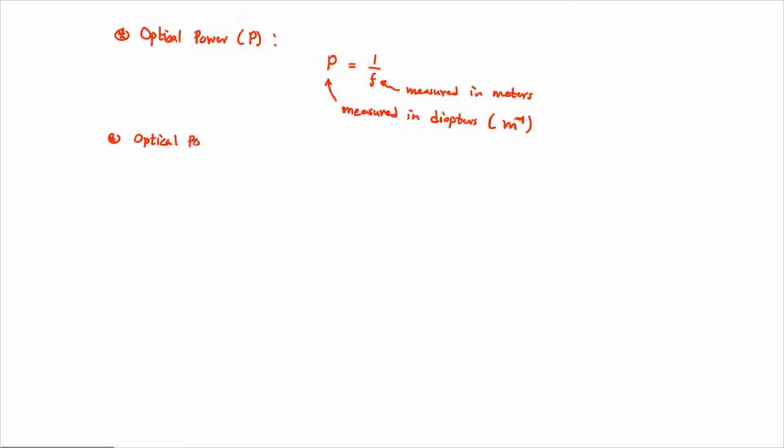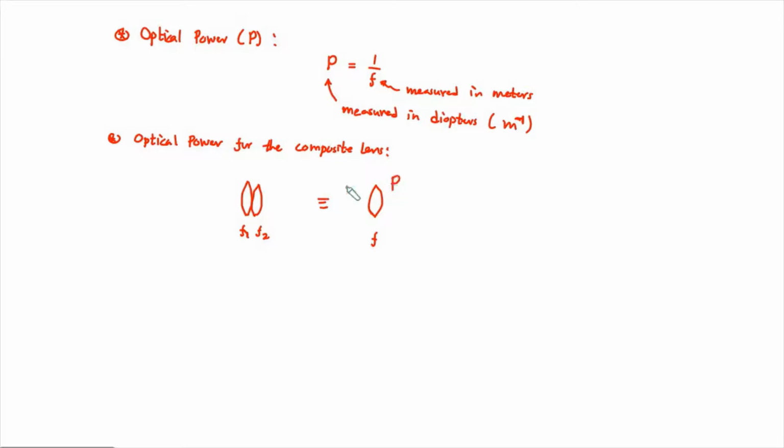Optical power for the composite lens system, that is this one. You have two lenses together like that. One is f1 and the other one is f2. In this case, the combined or the composite lens, if we call it f, then what is the relationship of the optical power?